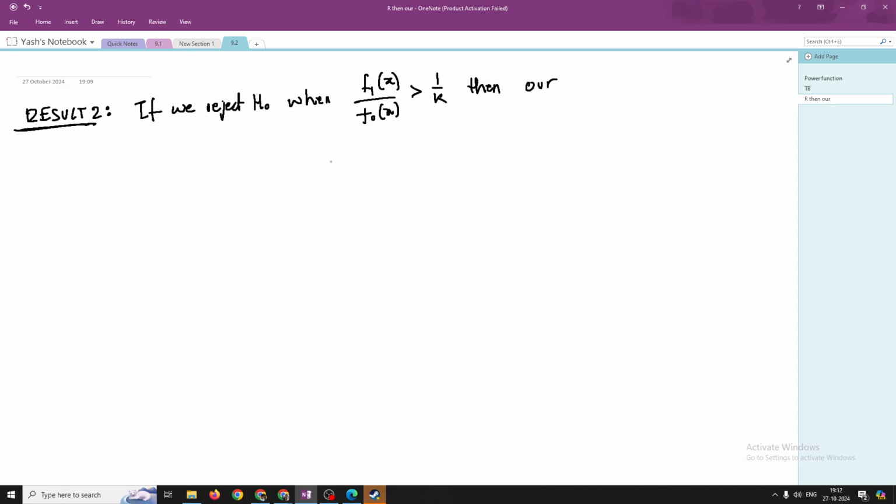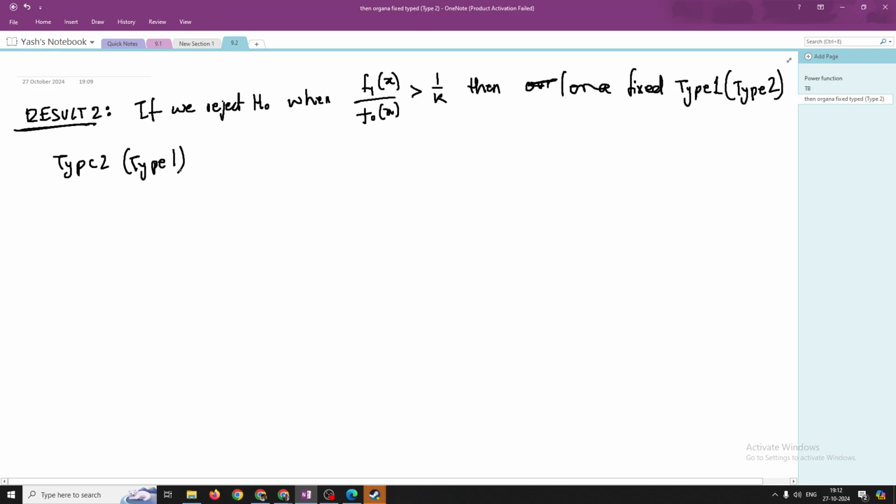So again the same trade-off happens, and this holds both ways. If you follow this test procedure, then for some fixed type 1 error, type 2 error is minimized. This is what this says.